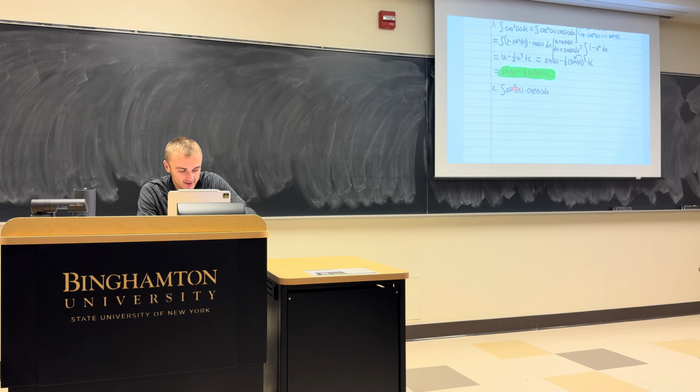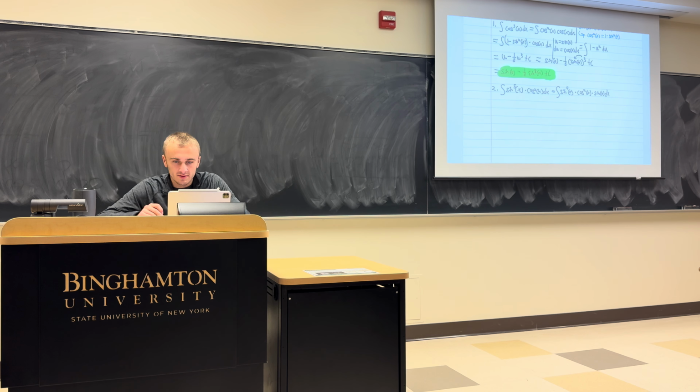Not always, but most of the time. So we're going to break up sine to the 5th of x. We'll rewrite this as sine to the 4th of x, so we're just breaking one sine off of there, times cos squared of x times sine of x dx. Again, they equal the exact same thing.